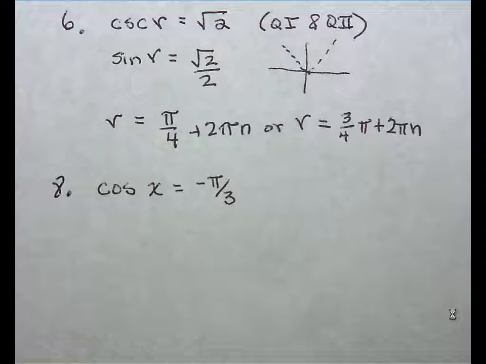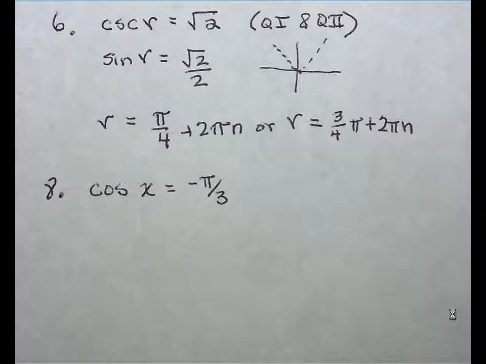Actually, why don't you go ahead and do that? I want you to see something. Inverse cosine of negative pi over 3. Error? What has happened? Our batteries died all at the same time?